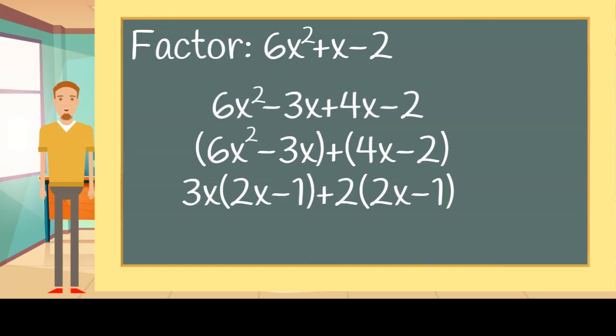Factoring out the common binomial 2x minus 1 will give us the factored form of the given polynomial, 2x minus 1 times 3x plus 2. You can check your answer by multiplying the factors. The product should be the same with the original polynomial.